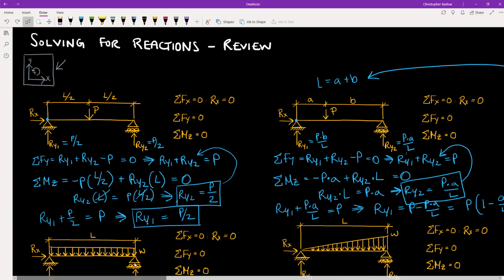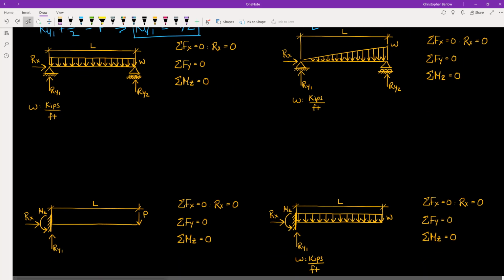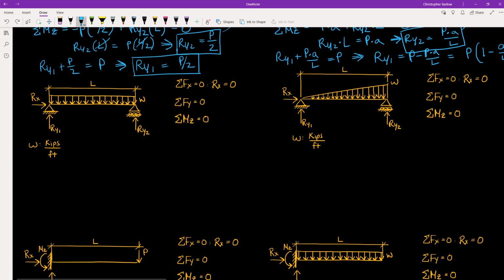Now let's continue to a distributed load. The units for our distributed load will typically be in kips per foot. The way that we will solve for our reactions in this case is we will first find an equivalent point load at the centroid of this distributed load.